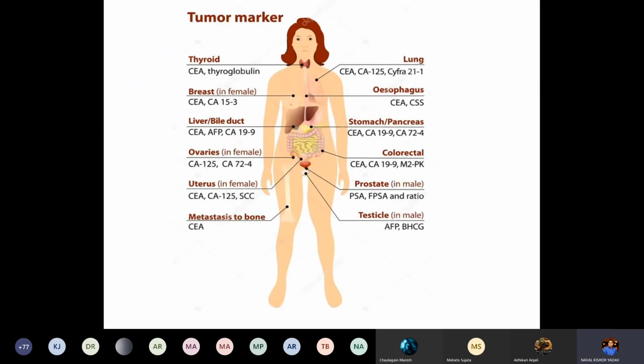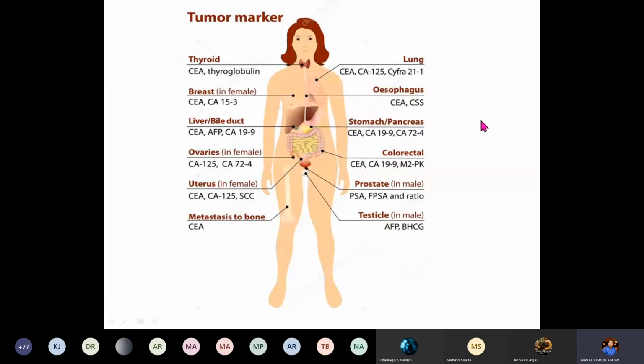So here you can see some of the cancers with the tumor markers which are used. For metastasis of the bone, and CA 125 you can use for the uterus, which is generally done in practice. For liver, AFP, and CA 19.9, which is in common use.